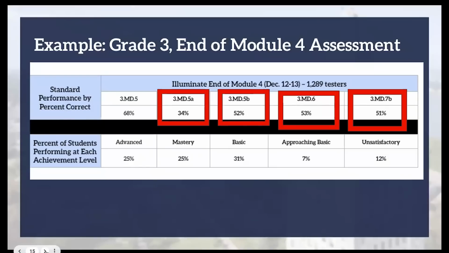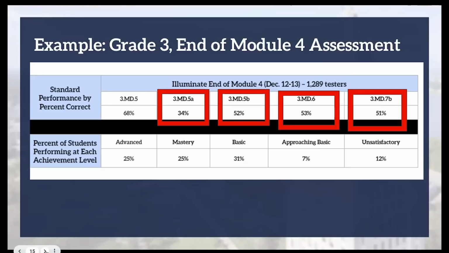So, for example, I pulled, I will say, this is the district results for our 3rd grade in the Module 4 assessment. So here you see of the almost 1,300 students who actually took this assessment and entered the data into the Illuminate database, these are the results for those 5 standards that were assessed on this test.